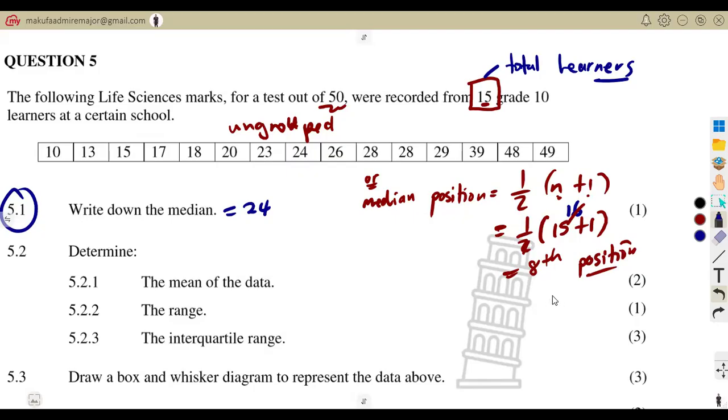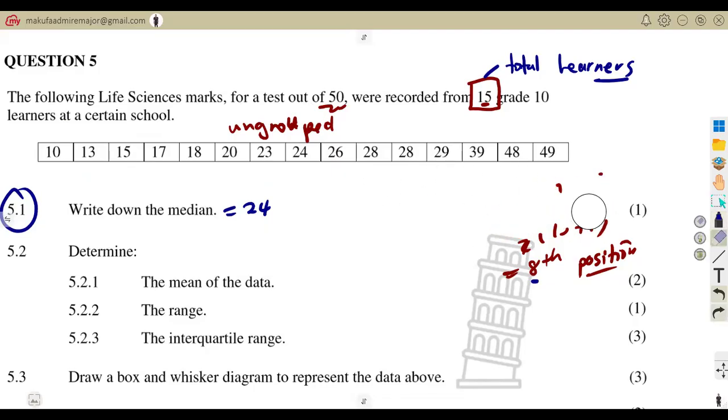So you have to count 8 digits. 1, 2, 3, 4, 5, 6, 7, 8. The 8th value in that position is your median. So you can see that it corresponds to what? 24. Same answer that we got by cancelling until you get the middle term, which is the median.